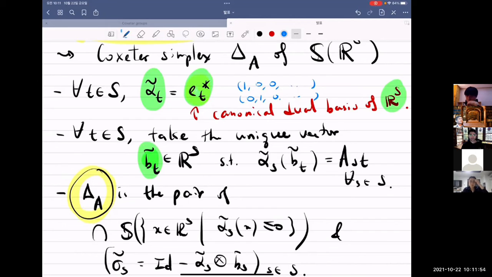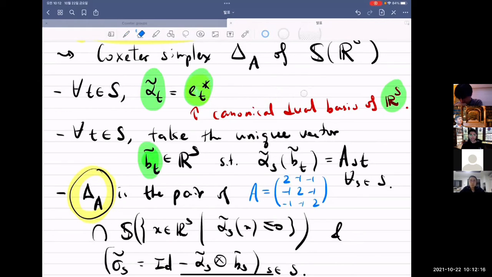Because A is, let's say, 2, 2, 2, minus 1, minus 1, minus 1, minus 1, minus 1. And if I take A to be something like this, in fact, this is a zero type Cartan matrix, sorry. Then in this case, we should take 1, 0, 0.